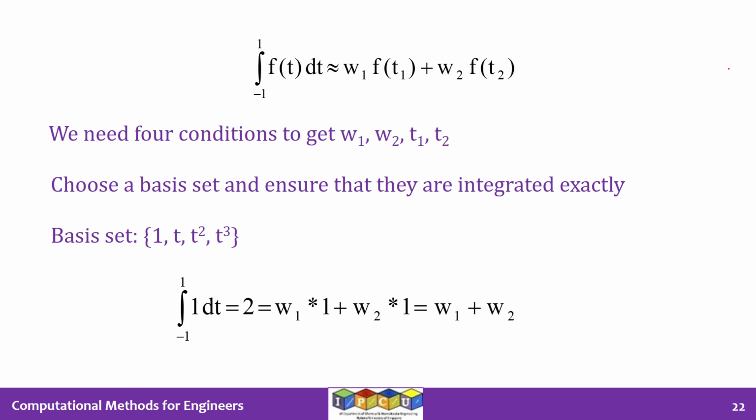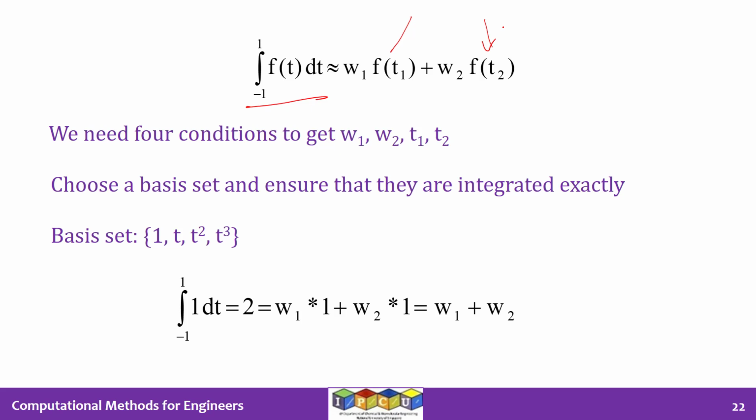I'm going to just have two terms on the right hand side. So I'm going to say this integral is going to be finally a weighted linear combination of the function evaluated at 2 points. The points are t is equal to t1 and t is equal to t2. And the weights are w1 and w2.